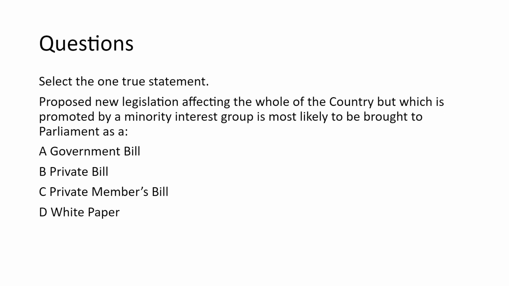So this is a multiple choice question. You sometimes will find these sorts of questions. Proposed new legislation affecting the whole of the country, but which is promoted by a minority interest group, is most likely to be brought to Parliament as. So this doesn't look like an influencers question, but it actually is. And you've got 4 choices there to have a think about. And it says it affects the whole of the country.